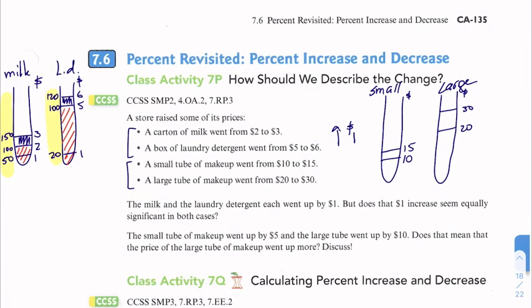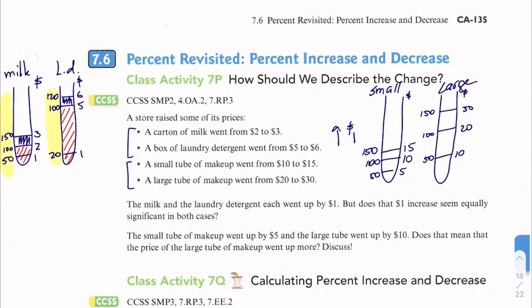But if we look at the percent change, if our $10 was 100%, then our $5 is 50%. Then our new cost is going to be 150%. For the large tube, our $20 tube was 100%, our $10 increase is 50%, so the 20 and the 10 will give us 150%.